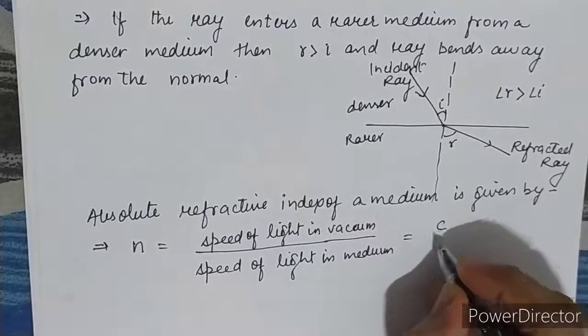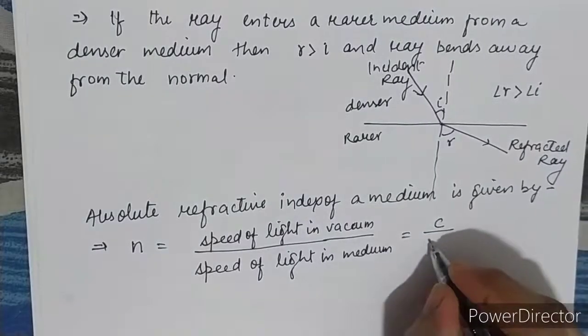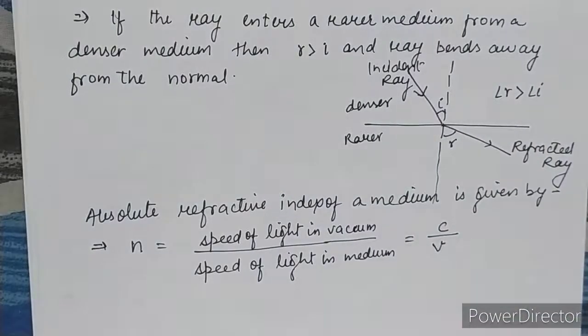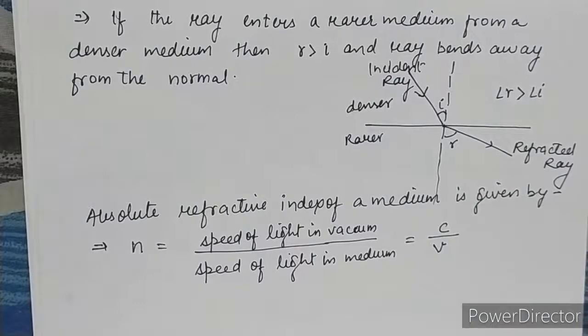Okay, so the speed of light in vacuum is c, the speed of light in a medium is v. So this is also the formula: n is equal to c upon v.